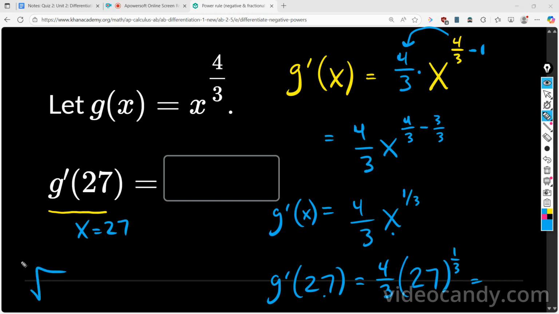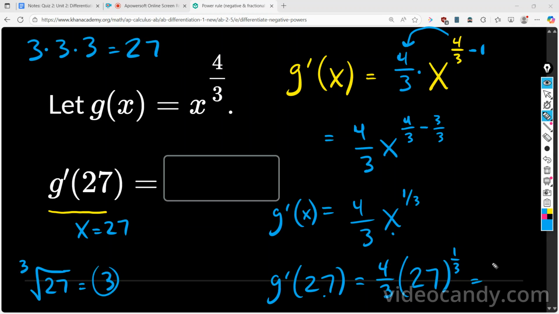What's the third root of 27? Well, what multiplied 3 times will give you 27? That's just 3, because 3 times 3 times 3 equals 27.